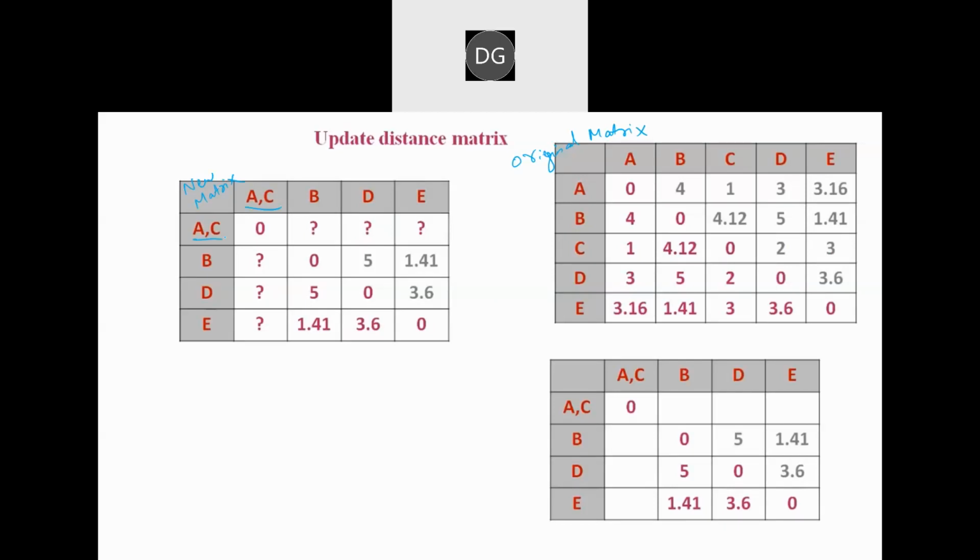Since I have joined, only a few points I have to calculate again. The remaining points are the same. Diagonal is always 0, and this is the repeated value only. So I have to find these 3 points alone, and then the other 3 points will automatically be the same, right?